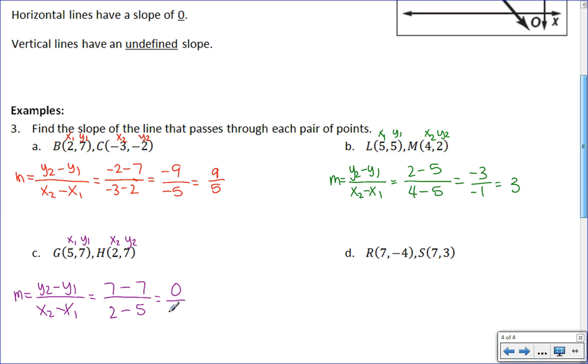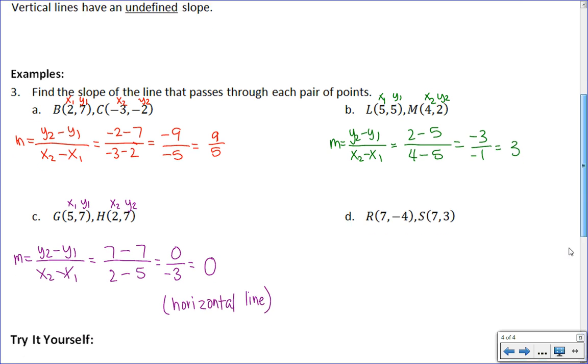And then 2 minus 5, which is negative 3. And when we divide 0 by negative 3, that just gives us 0. So the slope here is 0 between these 2 points. Remember, that means that this is a horizontal line. And it's really not part of the answer, that's just there to remind you that when you get a slope of 0, that's because you have a horizontal line.